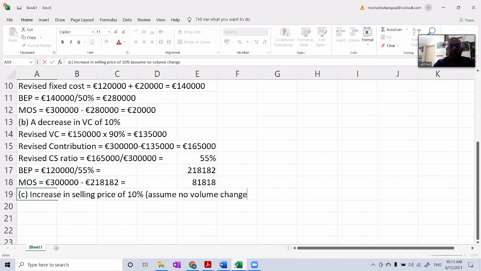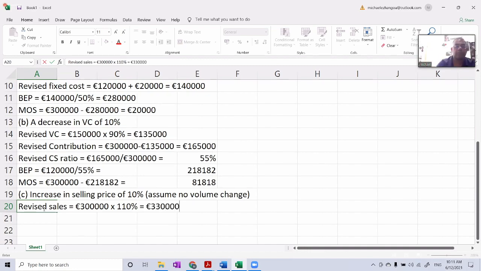Only price increase by 10%. So that means revised sales, 300,000 up by 10%, so now the revised sales will be 110%, 330,000.